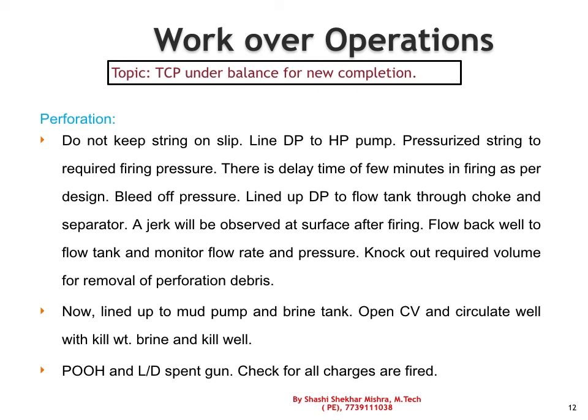There is a delay time, normally 6 to 7 minutes, wherein we get time to bleed off the applied pressure and line up the well to the flow tank through the choke and separator. Once the 6 to 7 minutes pass, a jerk will be observed at the surface after firing.